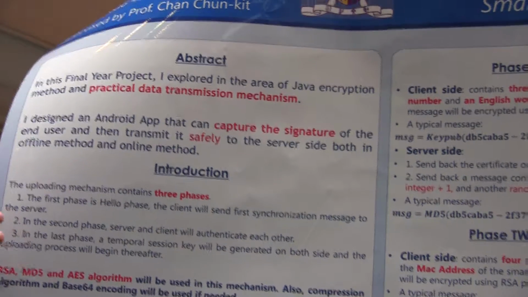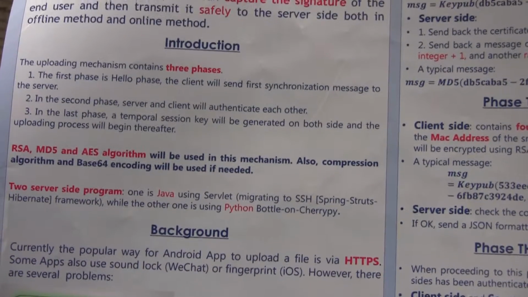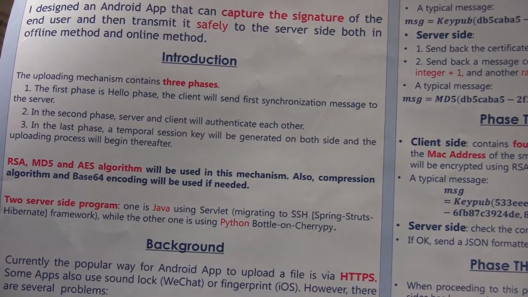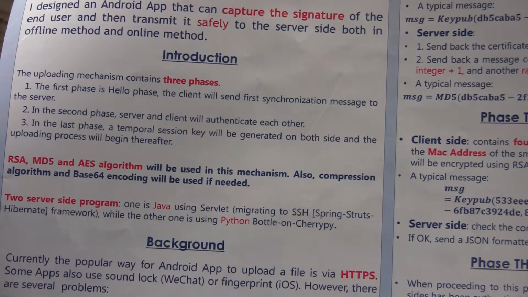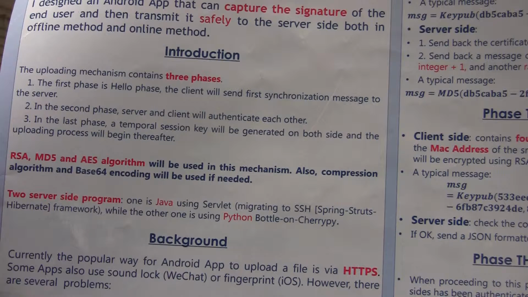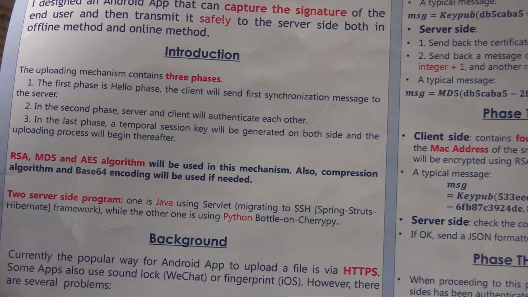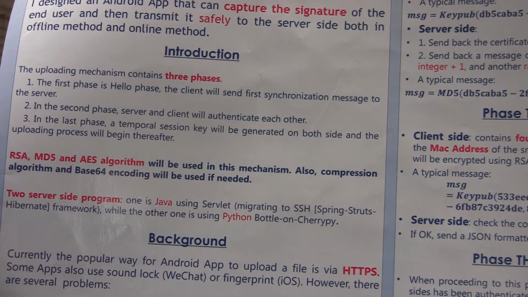The uploading mechanism contains three phases. The first phase is the client hello phase. In this phase, some initial parameters are exchanged, and for example, the digest algorithm that will be used in the next two phases will be negotiated in this phase. And in the second phase, the client side and server side will authenticate each other, and they will exchange another part of the parameters.